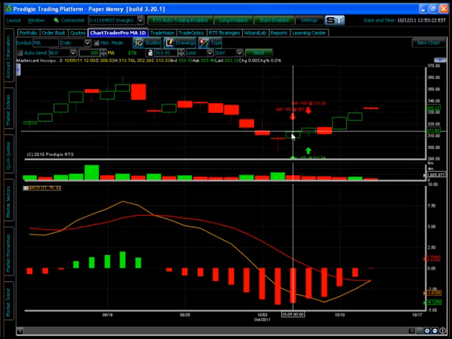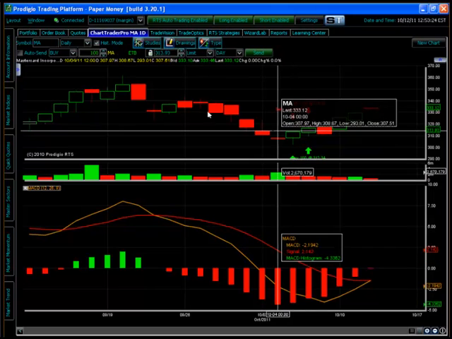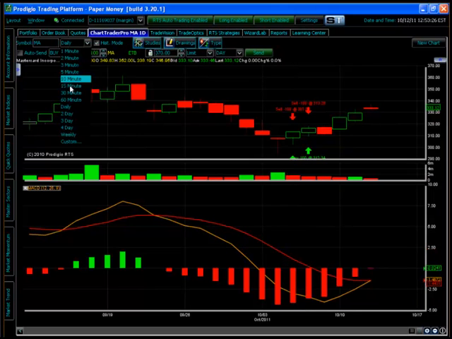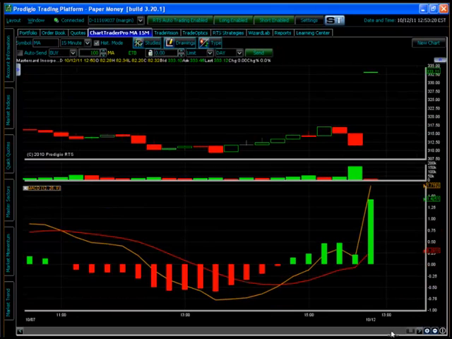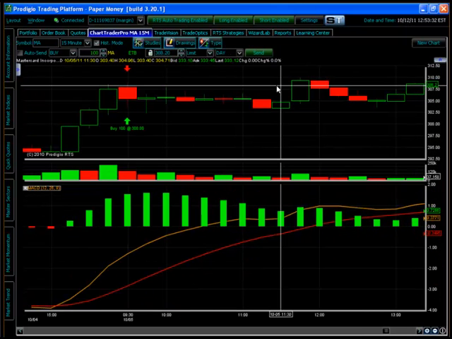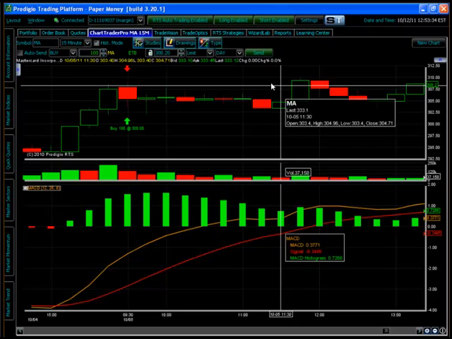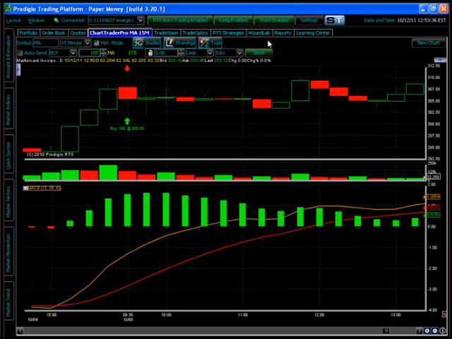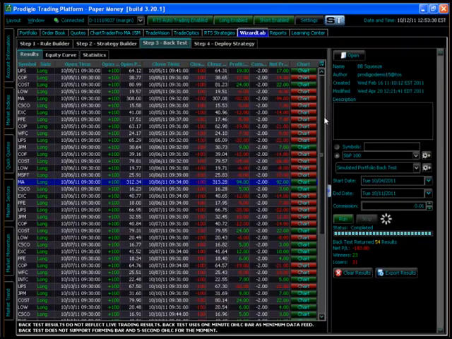So you see we've actually got two positions intraday here on this daily chart. I can run this down to something like a 15-minute chart, and I should be able to scroll back and see this is kind of getting in and out. But you can analyze what's happening inside of your rule by running it through backtest.